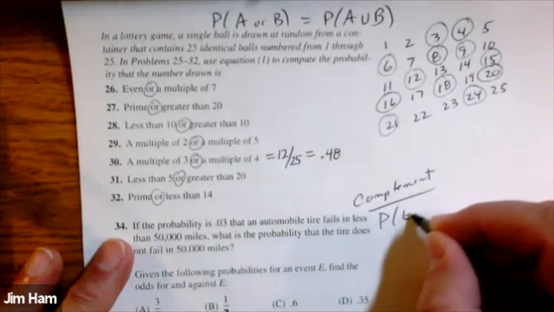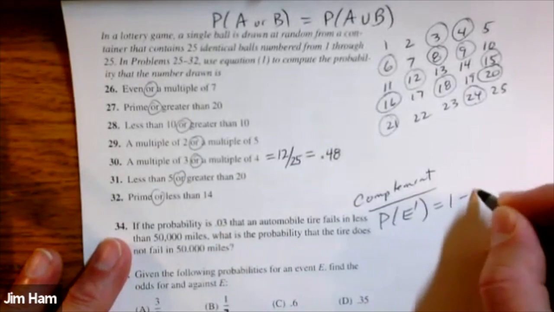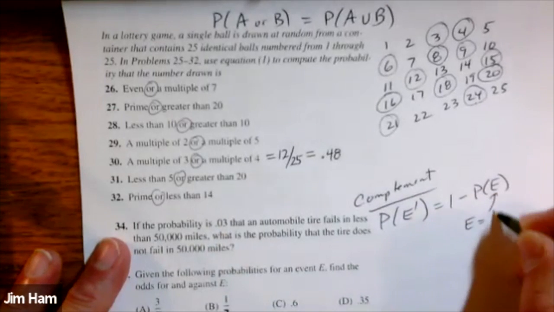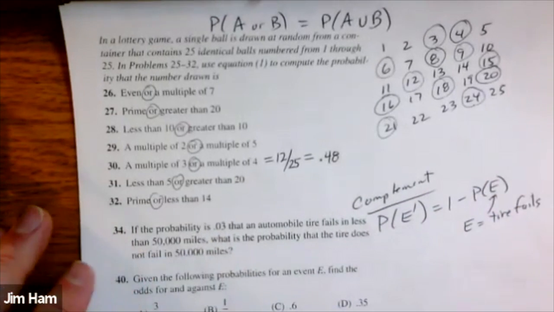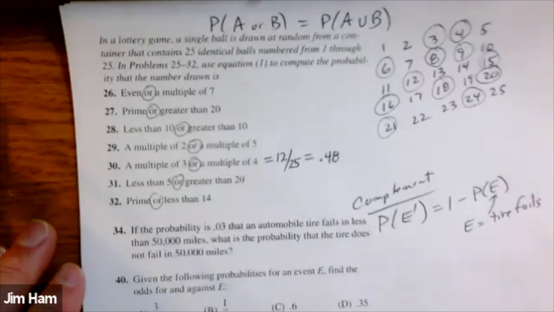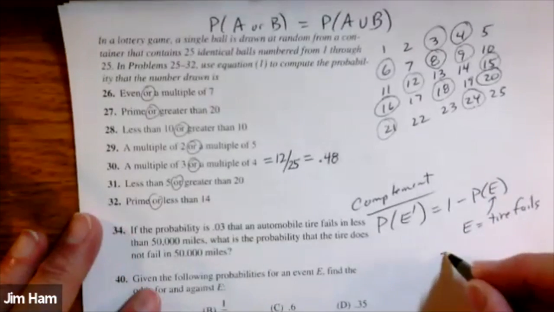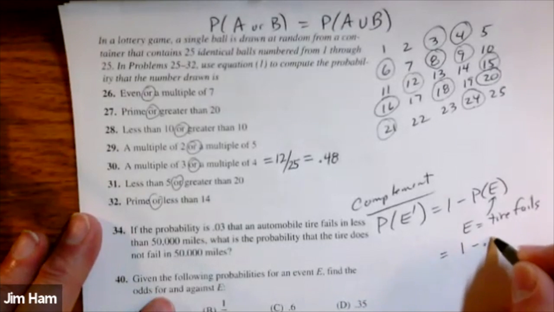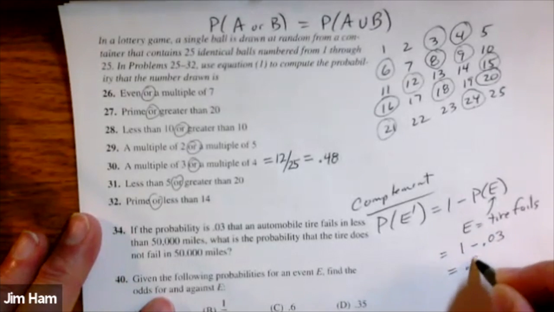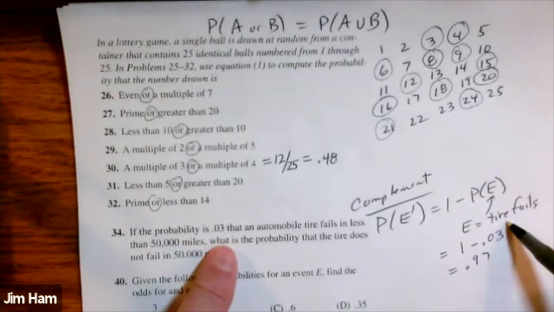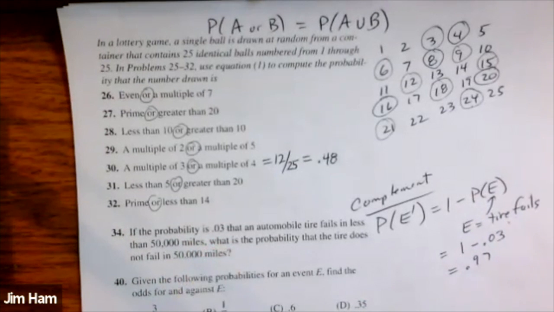So the probability of E complement is equal to 1 minus the probability of E, where E is that the tire fails. And if the tire does not fail, or if it's the opposite of failing, then it does not fail. So this is one use of the complement rule. You know that the probability that the tire fails is 0.03, so the complement of that is 1 minus.